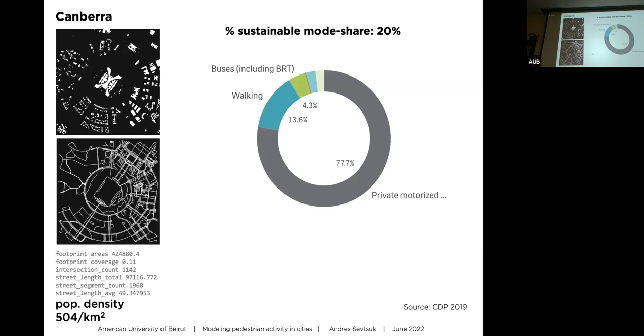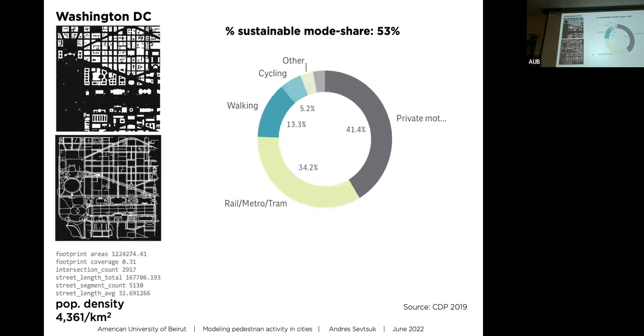And Canberra is a very sparse city. Its density is roughly 500 people per square kilometer. If we move on to a place like Washington, DC, where the density is 4,300 per square kilometer, we get a much larger sustainable modal split where we have a much larger share of walking, cycling, and public transit use, and a smaller share of private vehicles.